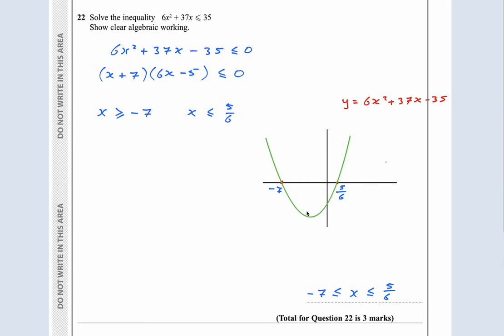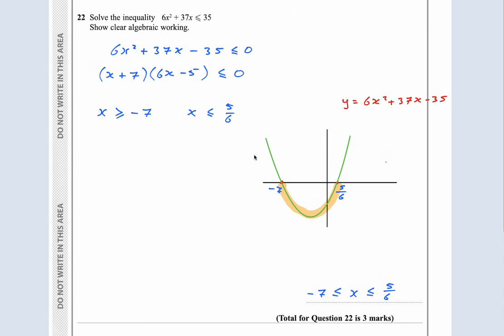Where is this less than or equal to 0? Well, it's less than or equal to 0 down here, and that is greater than -7 and less than 5 over 6. Now, you don't have to draw this graph, but that's where it comes from.